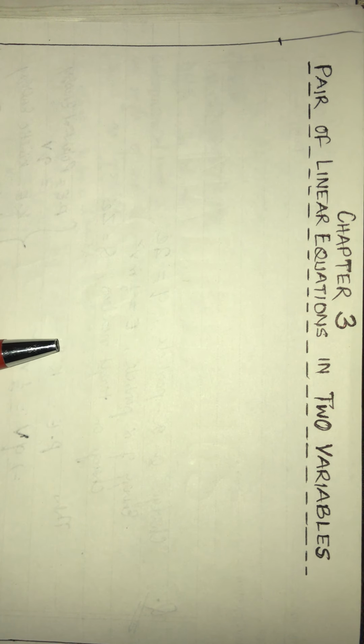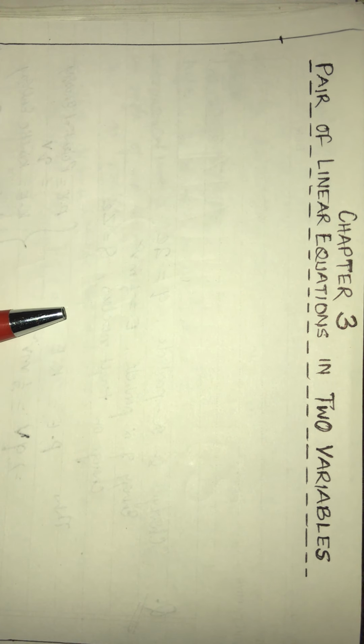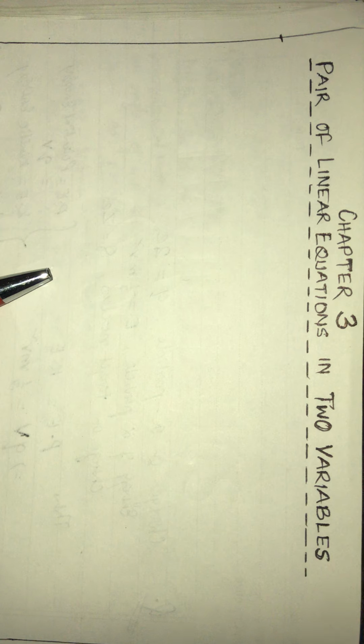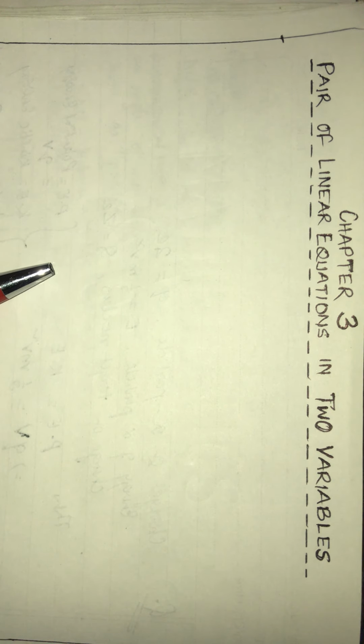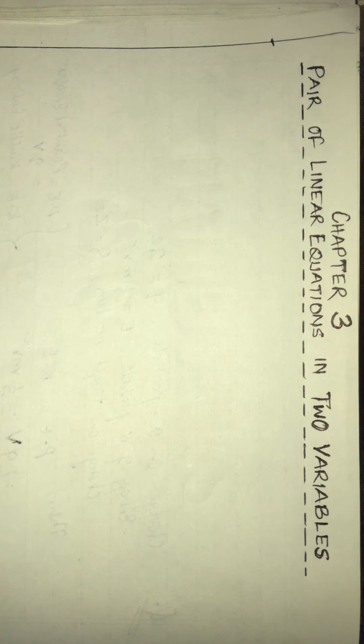But here, you will learn some new methods of solving linear equations. You will learn graphical method as well as algebraic method, but the algebraic method here will be different from what you learned in class 9.